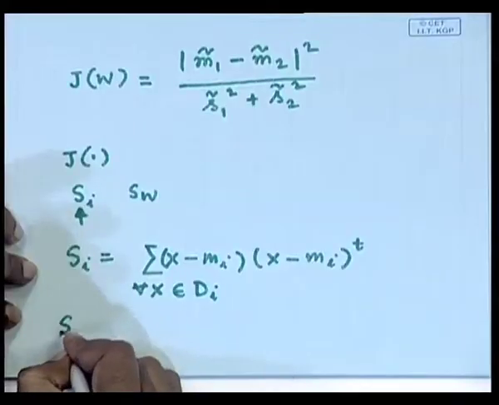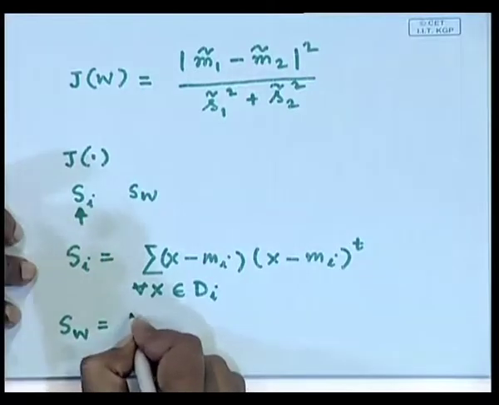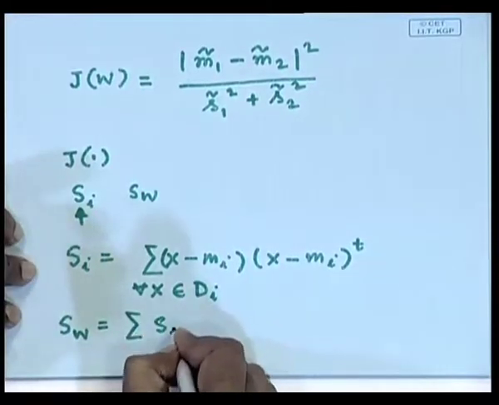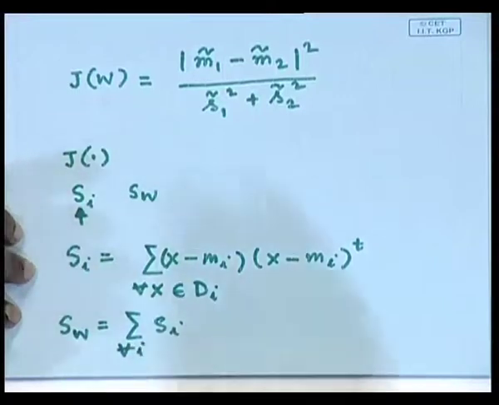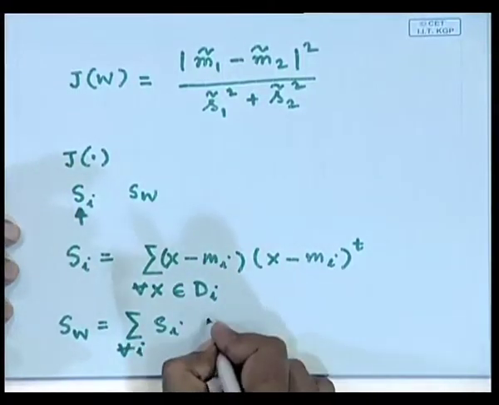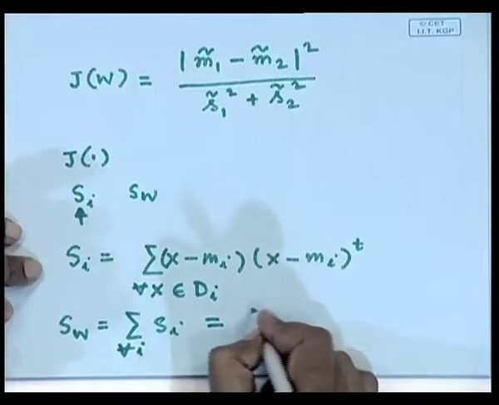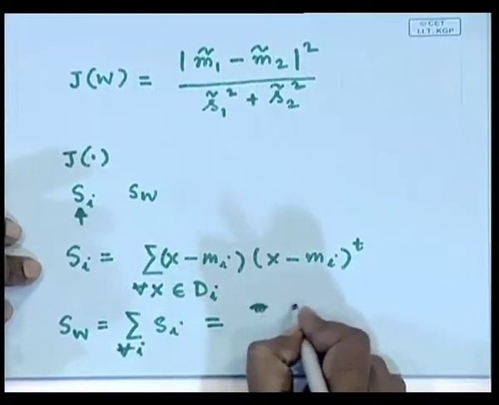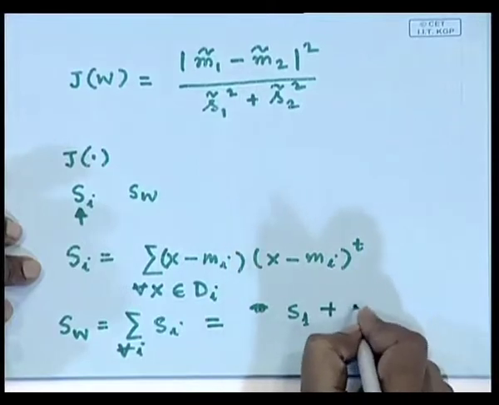Okay. So, once I get the scatter for individual classes or individual sets, then I can define total within class scatter, because this is within class scatter. So, I can define total within class scatter as S W equal to the sum of S I over all I. And here we are considering only two classes, so this will be S 1 plus S 2.